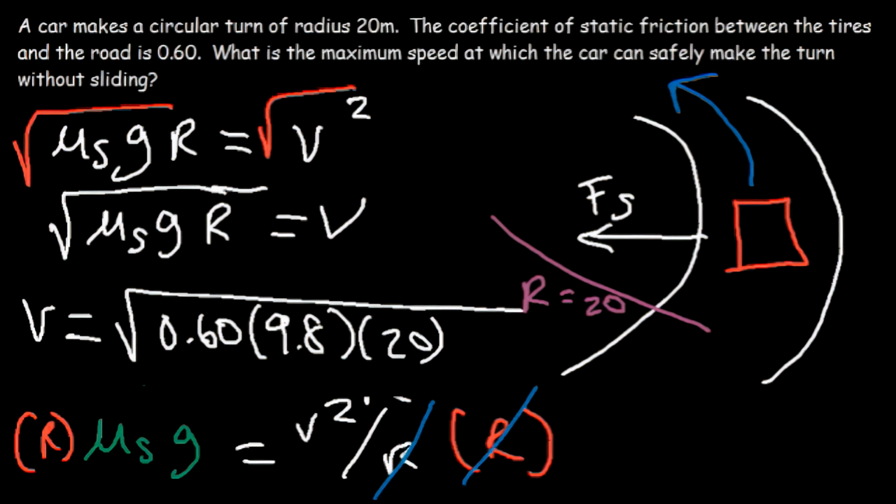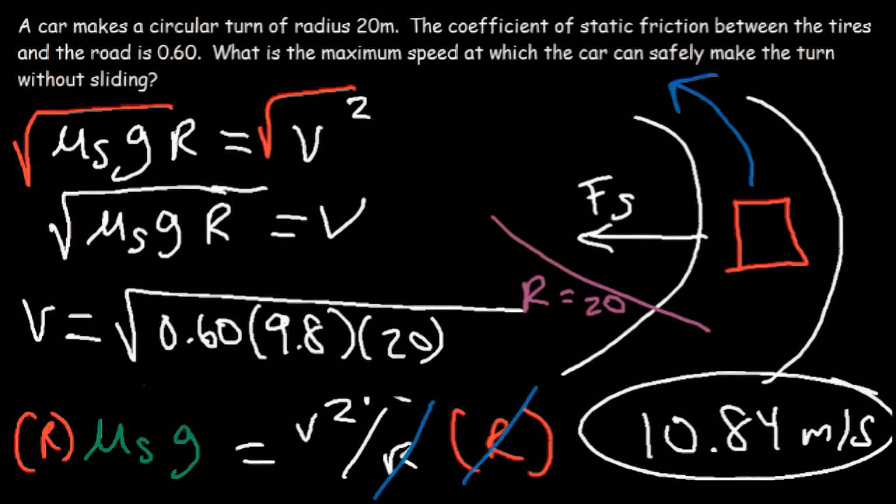So for this problem, the maximum speed is about 10.84 meters per second. If the car is moving faster than this speed, if it's making a turn of radius 20 meters, it will skid, or it could slide off the road.